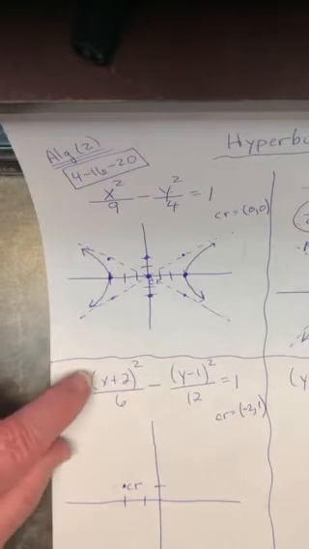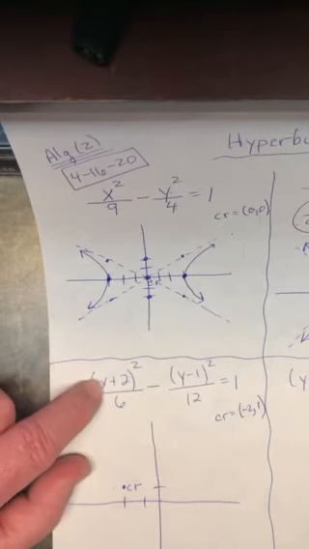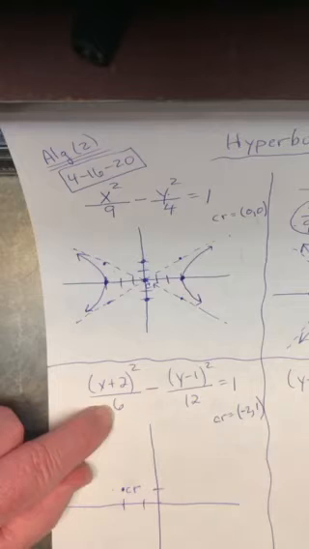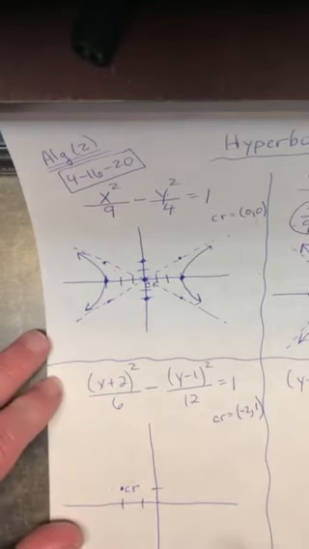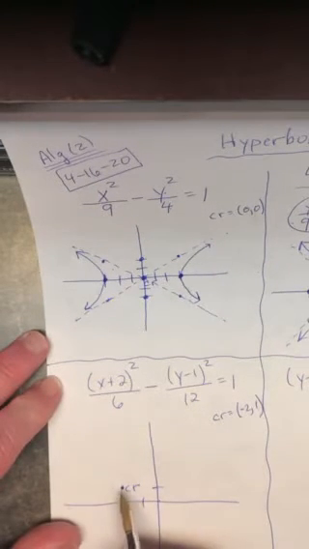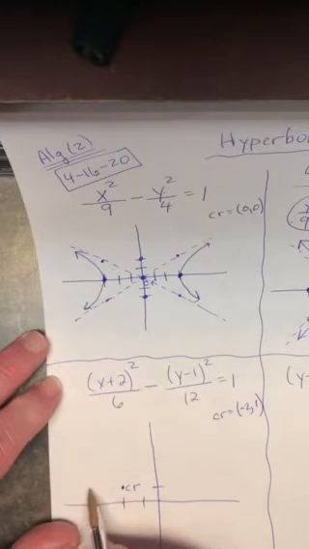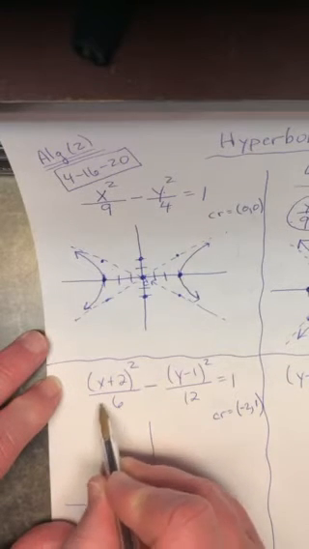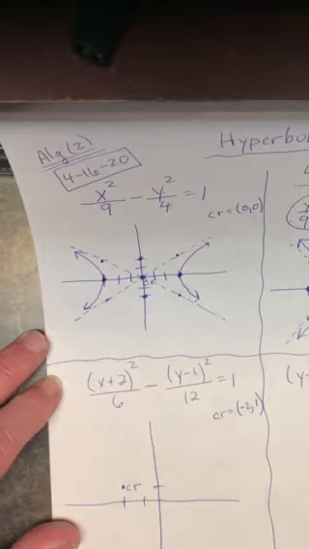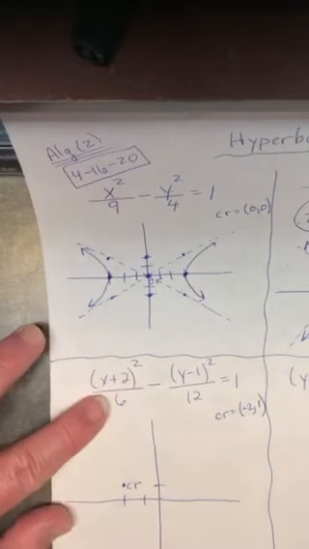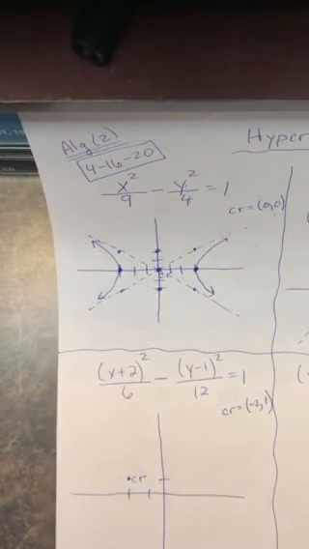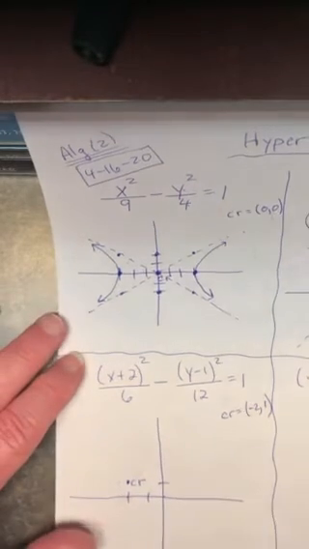Okay, now the numbers on bottom. The x squared has a 6 under it. Guys, remember, that does not tell me to go right 6 and left 6. You don't go right 3 and left 3. You don't cut it in half. You square root the number on the bottom. That is not a perfect square. So I'm getting out my calculator. I'm typing the square root of 6, and I'm getting 2.4.